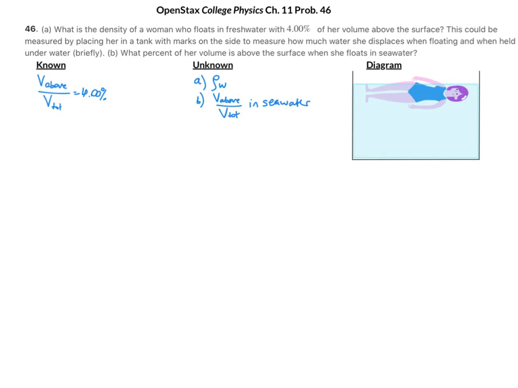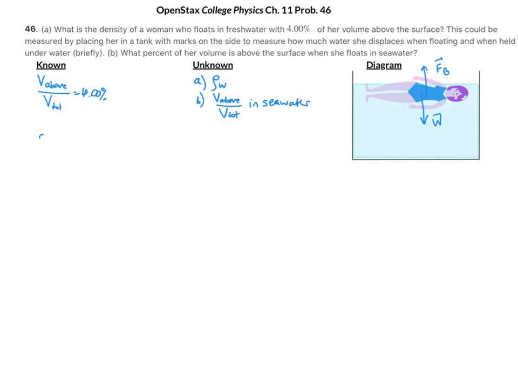All right, so here I have a drawing of the woman floating with 4% of her body outside of the water. And the reason she's floating is because the sum of the forces that act on her is 0. So if I drew her weight, I know that her weight is balanced by the buoyant force.